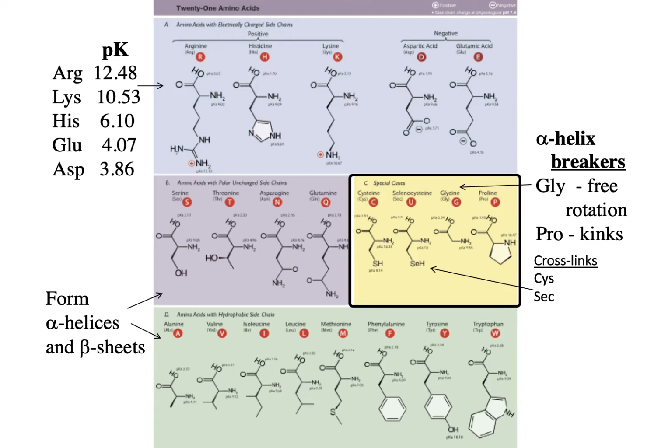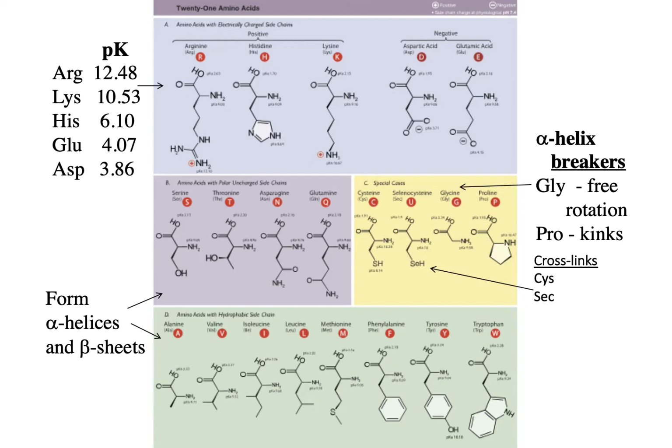You have the alpha helix breakers here, essentially, such as cysteine, selenocysteine, glycine, which is pretty much a placeholder, and proline, which is actually an imino acid, spelled with an I, rather than amino, and it introduces kinks into the polypeptide chain.